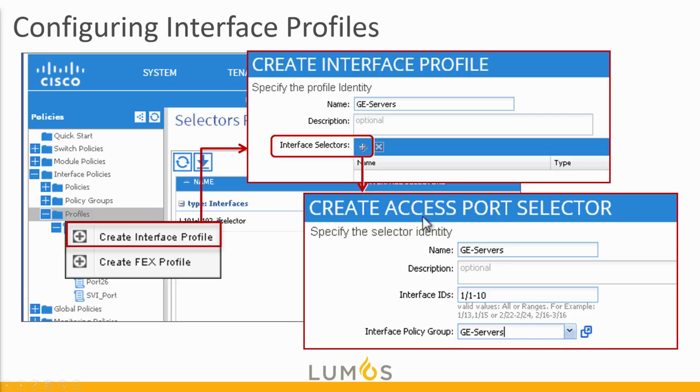And then from our access port selector, this is where we attribute our interface policy group that we had created before. So now all of these policies in the policy group called GigE servers would be applied to all the ports, 1 through 10. But on which switch?